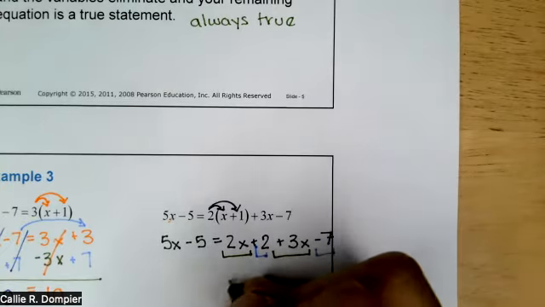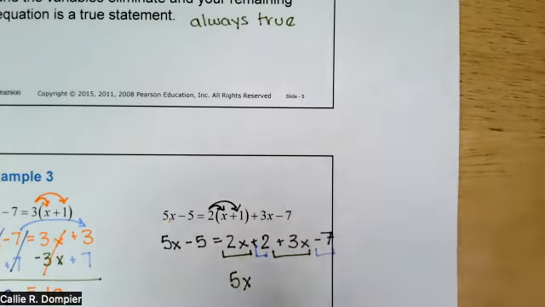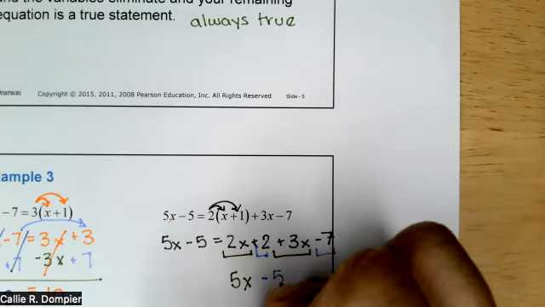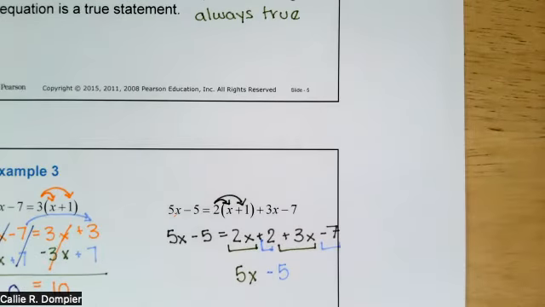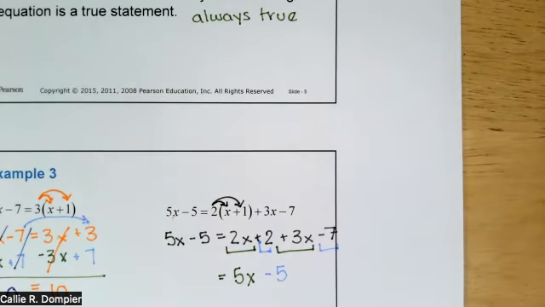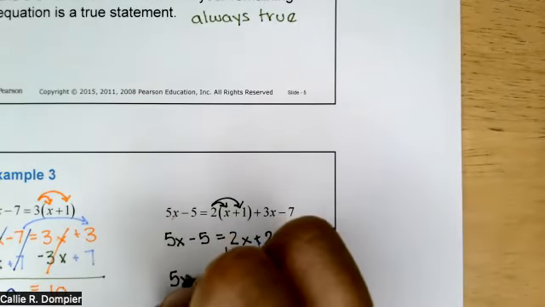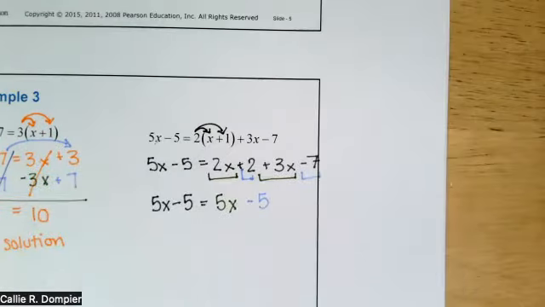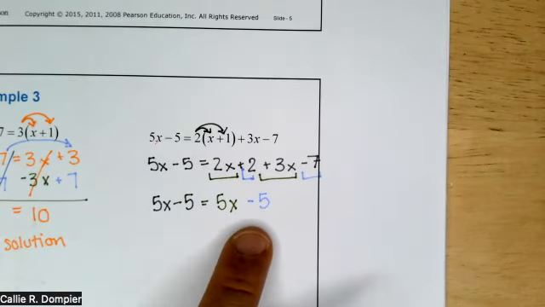Make sure you note the sign. 2x and 3x become 5x, and 2 minus 7 is negative 5. And we'll just bring down the 5x minus 5. Oh, I think we're okay. I did not mess it up. All right, 5x minus 5 equals 5x minus 5.